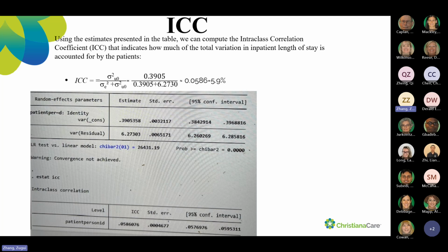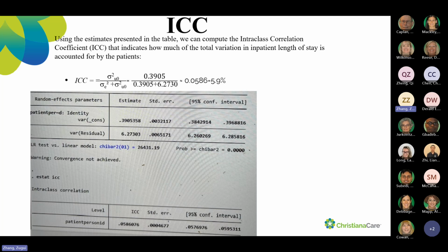This is called the intra-class correlation coefficient. This coefficient is the measurement of how much of the total variation in patients' length of stay is accounted for by patients or by intervention.